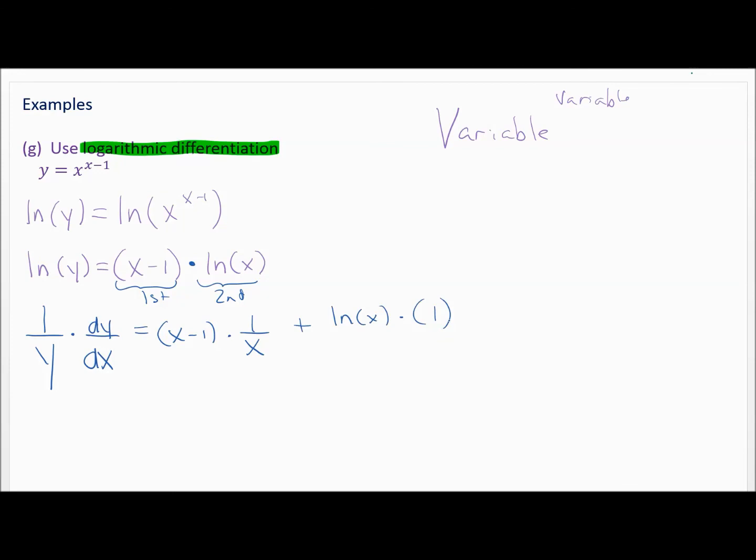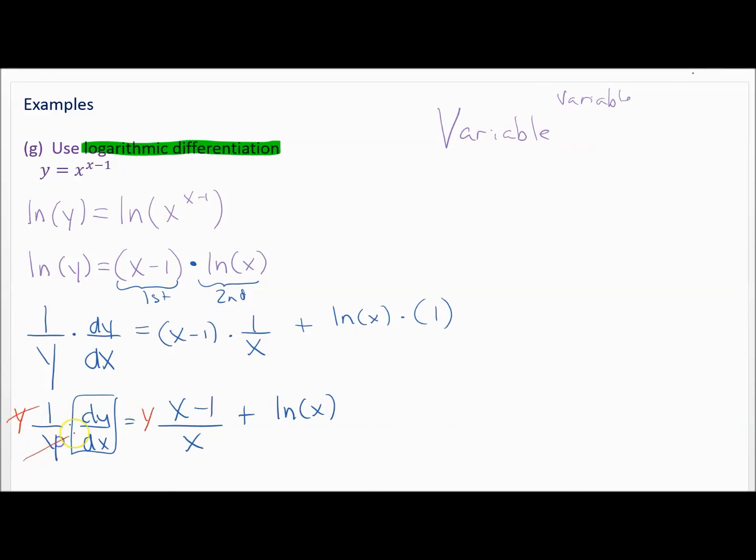Now it's all about solving for dy over dx, right? So the next thing I'm going to do, let's simplify one more step. We'll simplify over here on the right. That's 1 over y times dy over dx is equal to, let's write that as x minus 1 over x plus the natural log of x, right? That means the same thing. Now, what I need to do is get this dy over dx on one side by itself, and to do that, I've got to multiply the left side by y and the right side by y, right? So this and this cancel each other out, and I have dy over dx isolated.